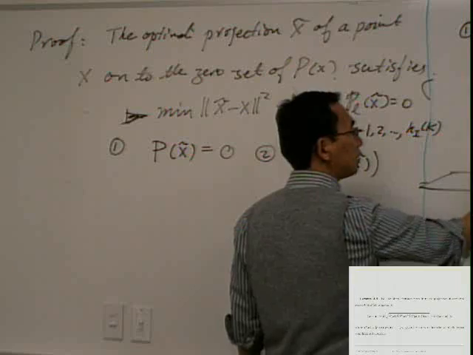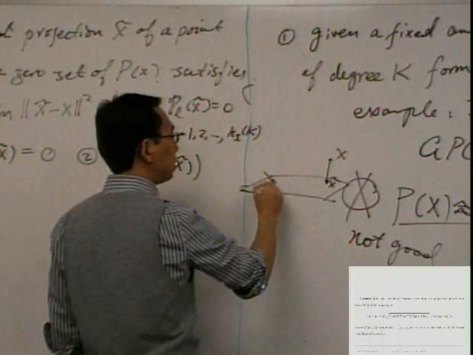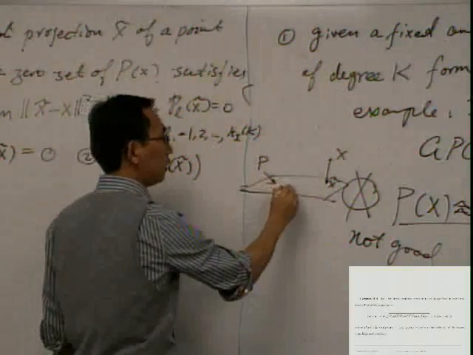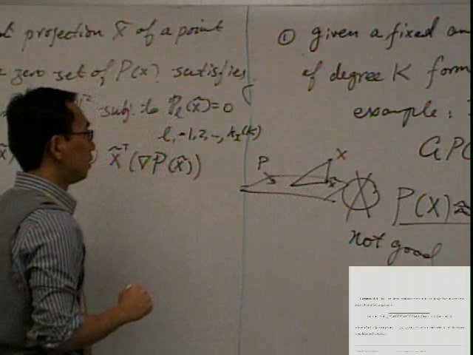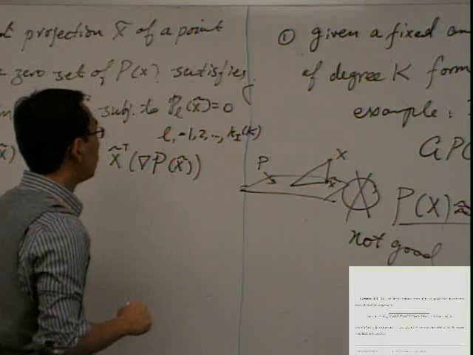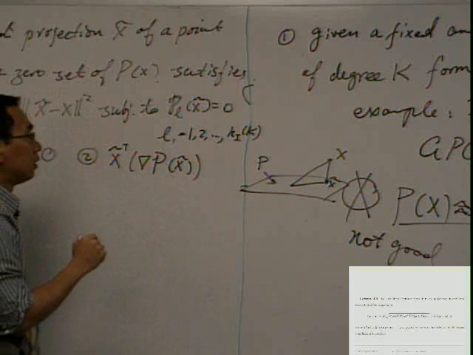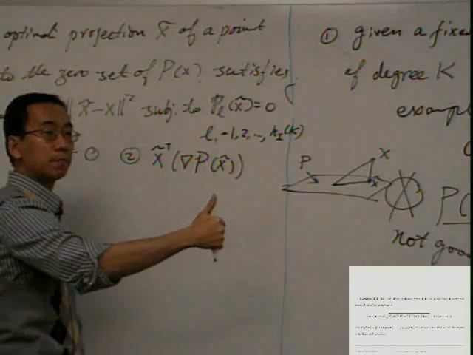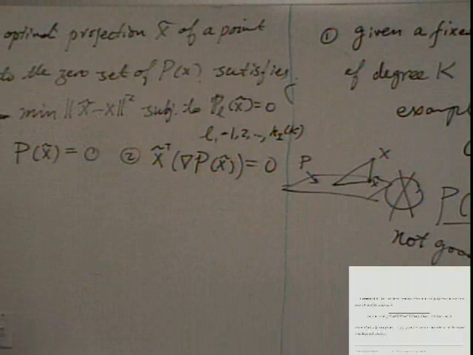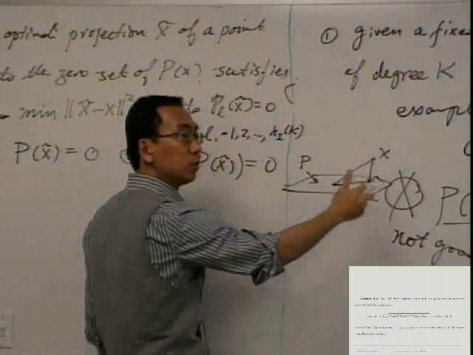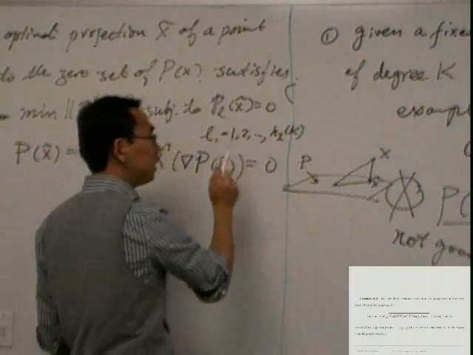I have a point x. I want to project onto x tilde such that after the projection, this point is defined by p. And what's the derivative of p? It's orthogonal to the subspace, right? So this has to be equal to 0, because after projection, this point sits right on the algebraic, on the 0 set. So this one has to be exactly equal to 0.